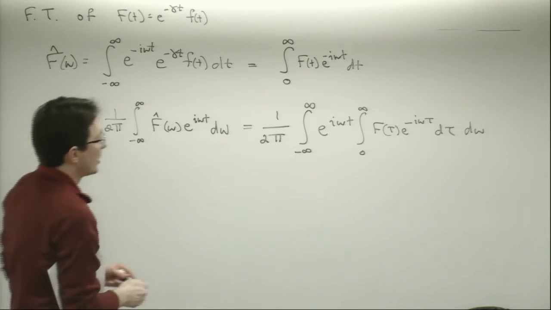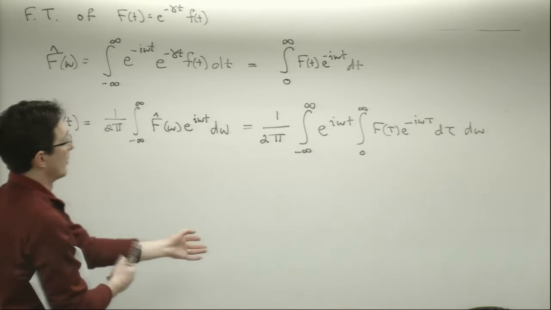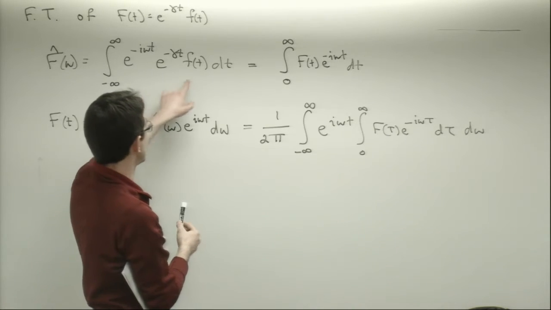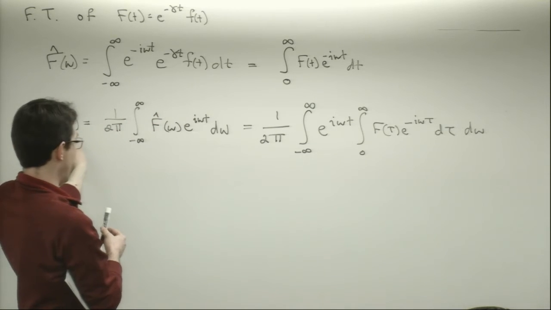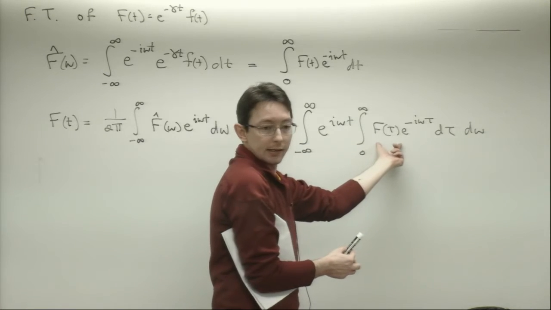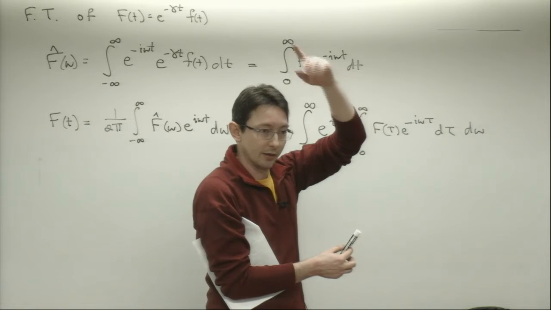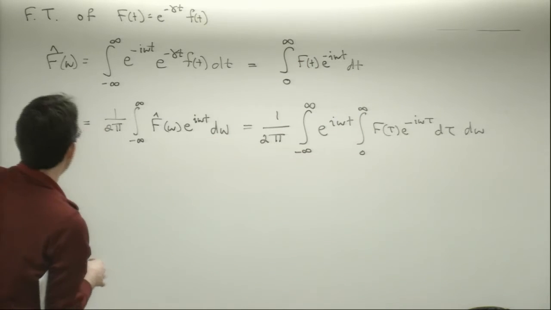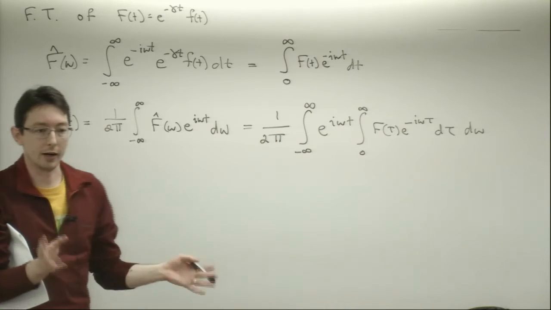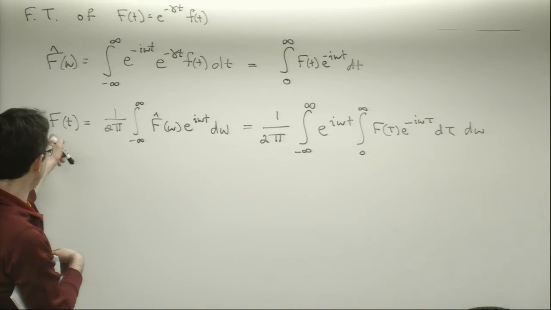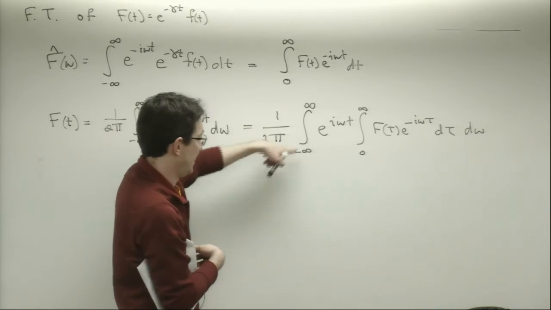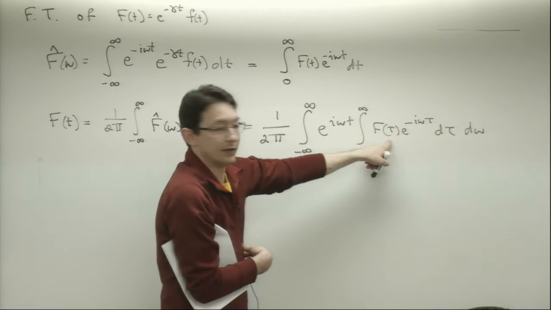What I really want is to find a transform in terms of my original function, little f. So everywhere I see a big F, I'm going to replace it with e to the minus gamma t little f of t. Notice that f of t equals some nasty double transform of f of t.